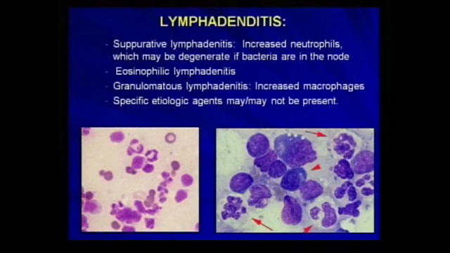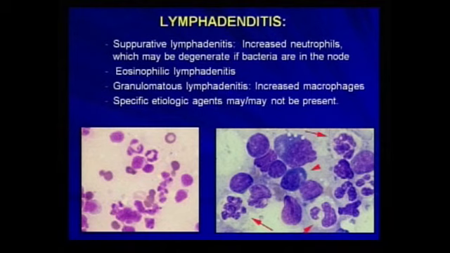Lymphadenitis. When we deal with lymphadenitis, one of the predominant cells may not be the largest population, but the number of neutrophils or perhaps eosinophils will be significant.